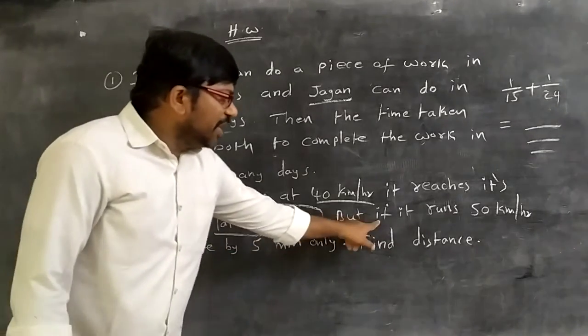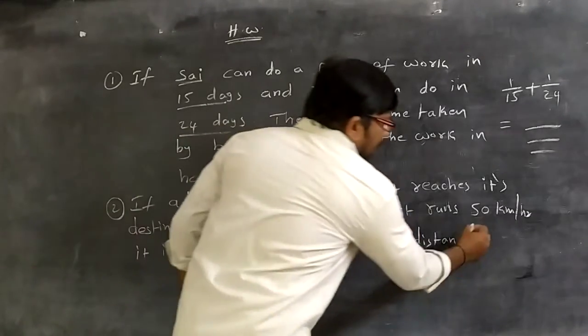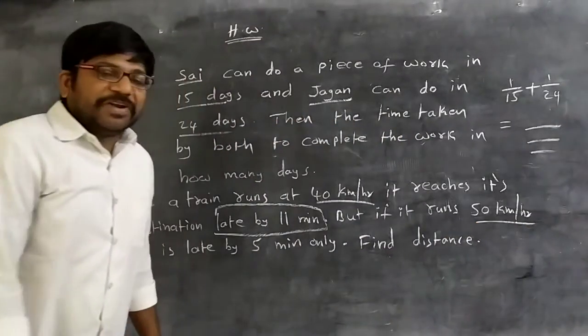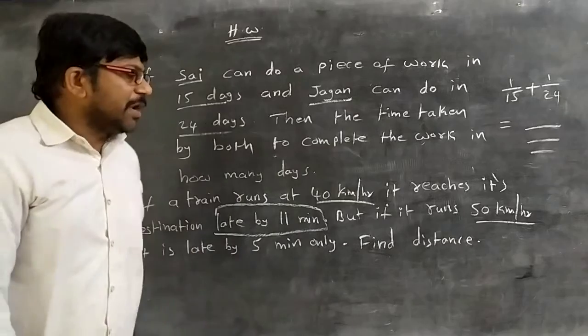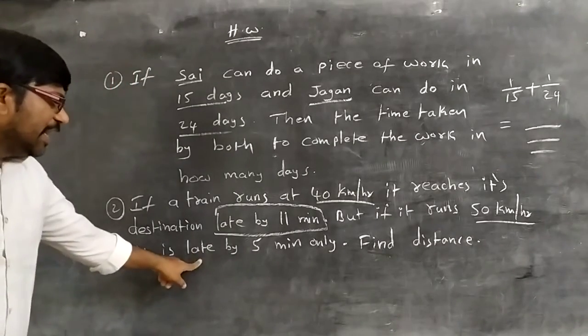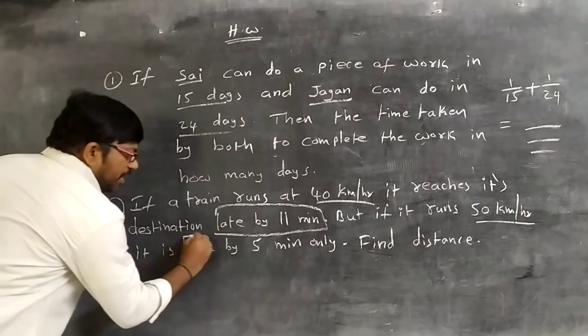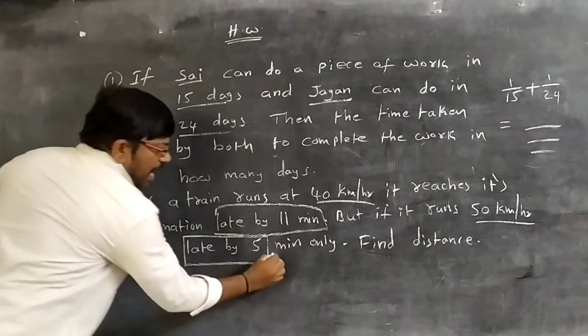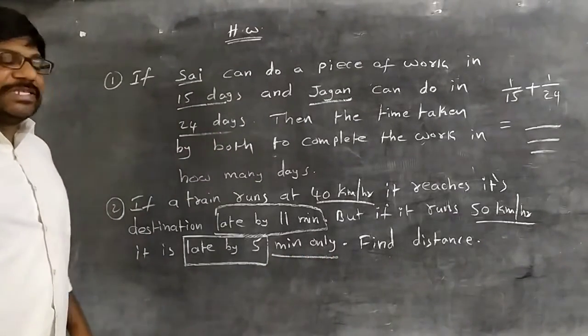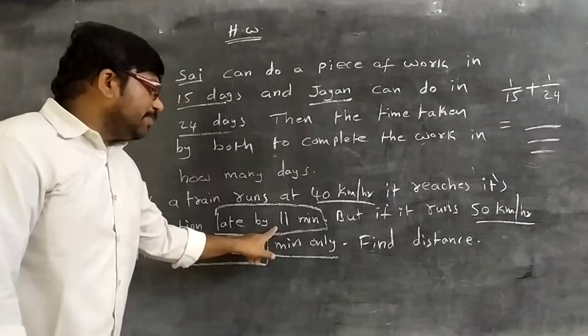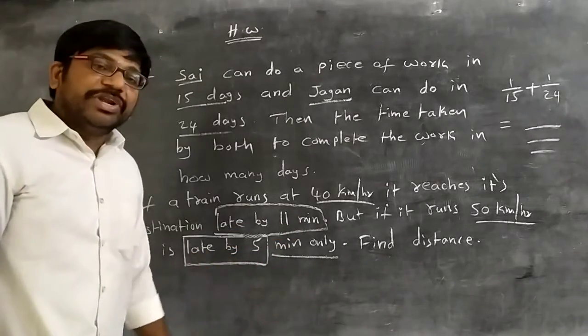But if it runs at 50 km per hour, it is late by 5 minutes only. So in this case, both are late. Here late by 11 minutes, here late by 5 minutes only.